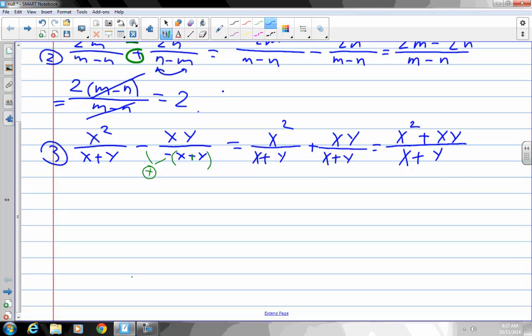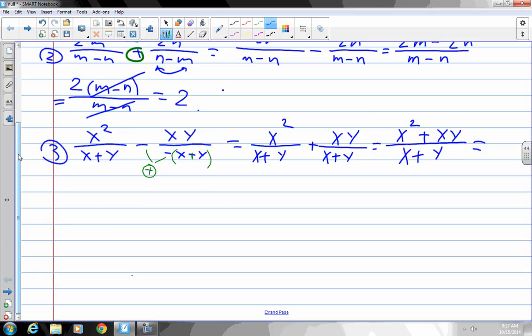Is that okay? I can pull out an x because you should always try and reduce, and we can only reduce through factoring. So pull out an x, x plus y over x plus y. So I can reduce by x plus y. Let's just put a little x. Yeah, so that was a negative sign.